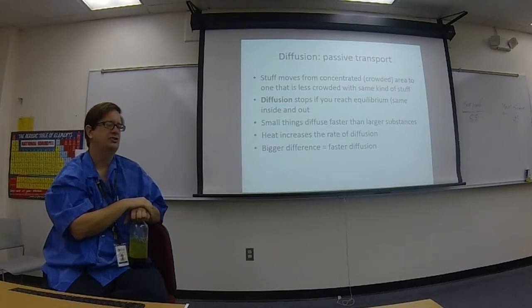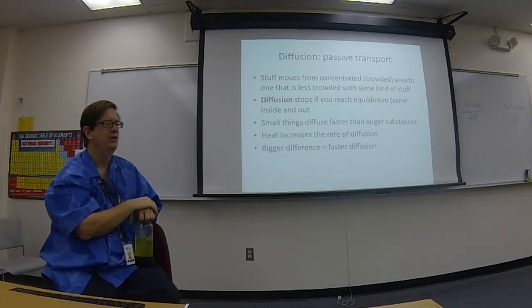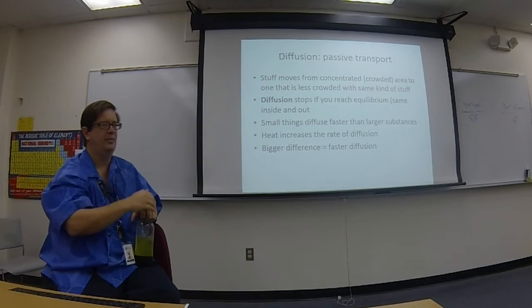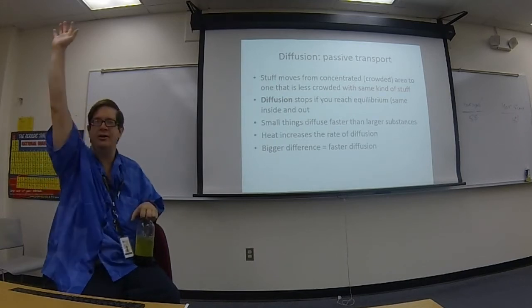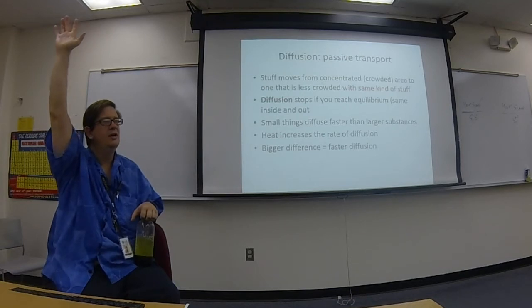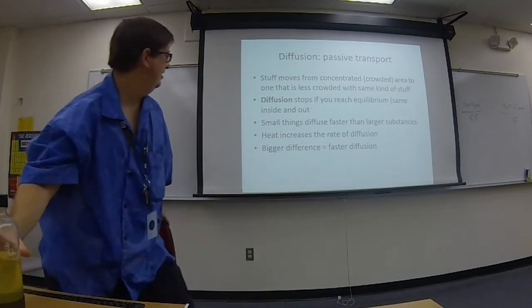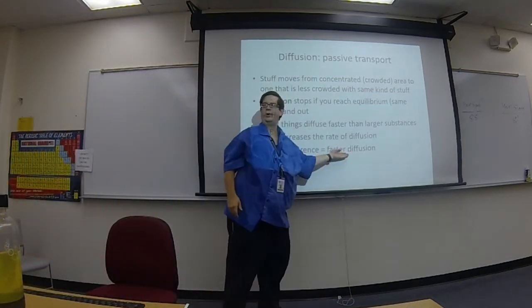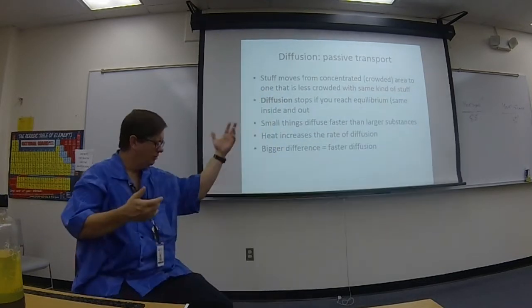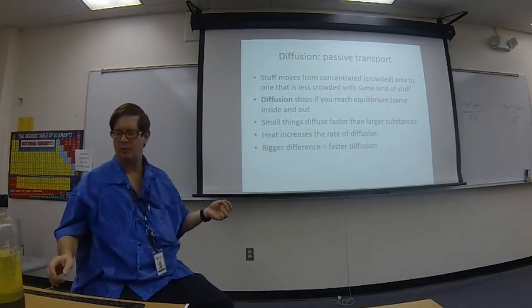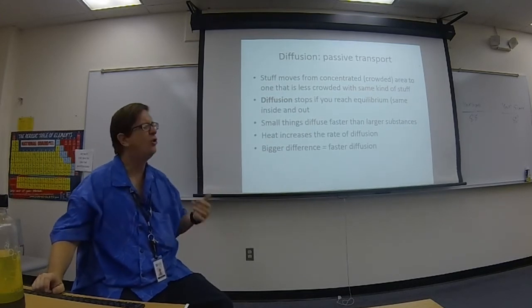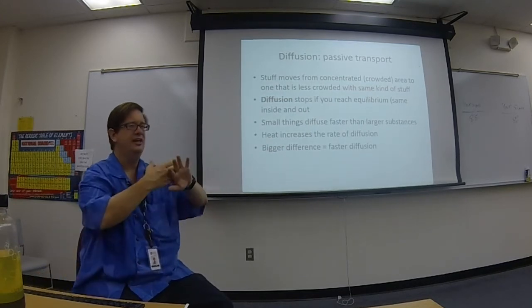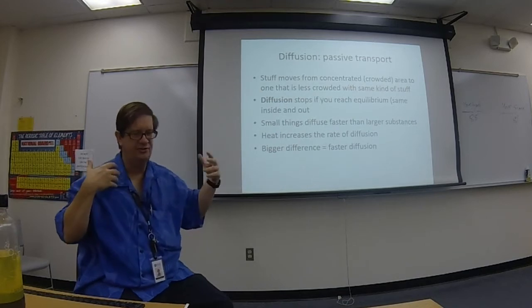Now the next question, how many had more movement into the pure syrup bag than they did into the half syrup bag, the 50%? Tell me why. It's because a big difference makes things move quickly. The water wants to move fast. For the movement of the water, we say osmosis. For the movement of everything else, we say diffusion. The goal is always the same, though, to get to equilibrium, to get everything as diluted as possible.